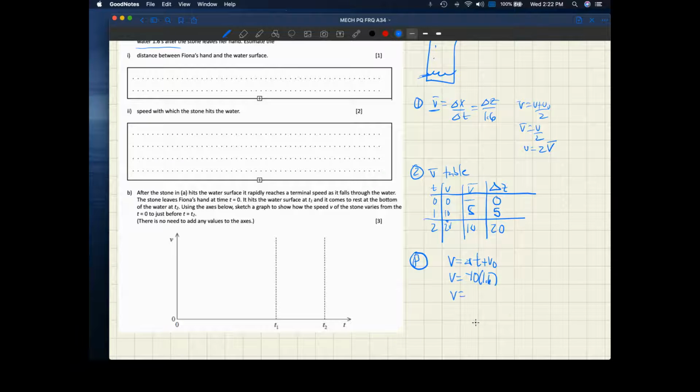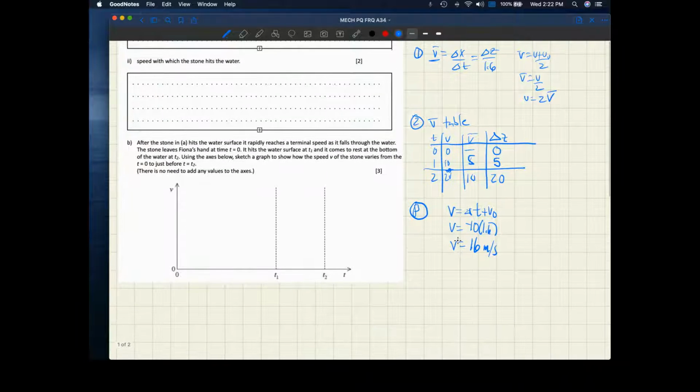So we know the impact velocity is going to be 16 meters per second, which our table told us is in the ballpark. But we still don't know how far it is. So we go on to step 4, and we've got z equals 1/2 a t squared plus v0 t plus z0.